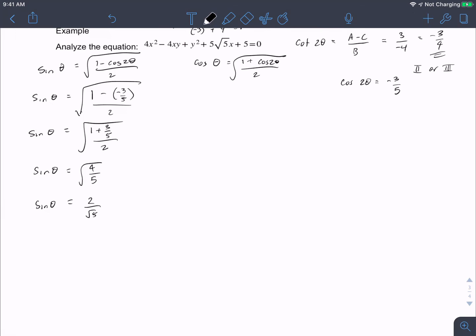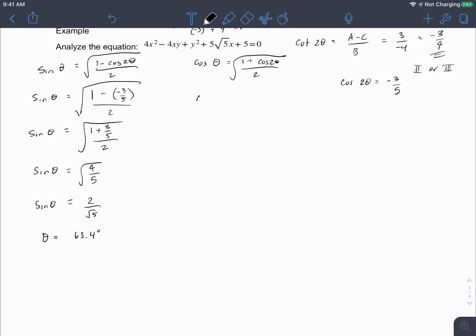Quite some work, right? This ends up working out to be a theta of 63.4 degrees. So we know what the axis of rotation is.